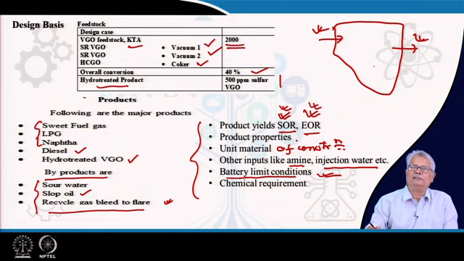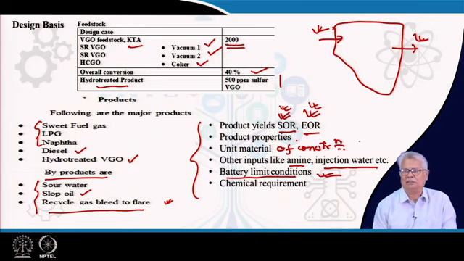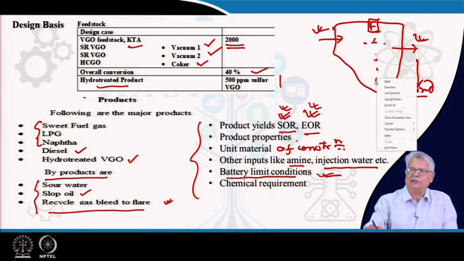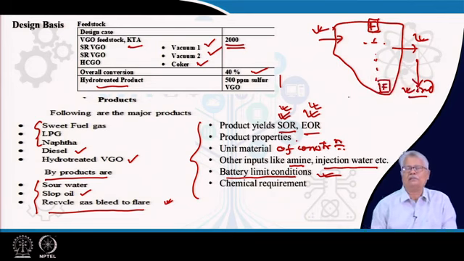In plot plan, you may have to provide some additional information, for example, about the wind direction, because that is related to safety. You will prefer to have your furnace downstream of the wind. You should not have the furnace upstream of the wind, because in that case you are subjecting your entire space downstream within your battery limit to chance of fire.